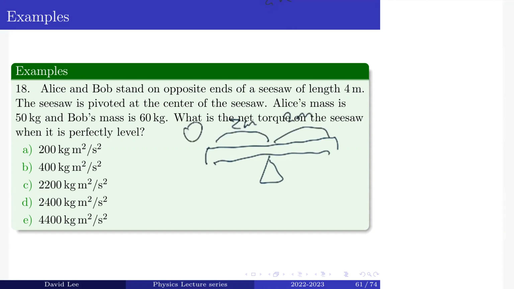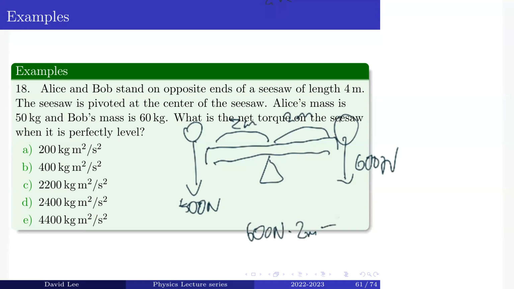So if we have Alice on one end that applies 500 newtons of weight and Bob on this end 600 newtons, the net torque is going to be 600 newtons times 2 meters minus 500 newtons times 2 meters, because they're going in opposite directions, and we get our answer of 200 kilogram meters squared per second squared.